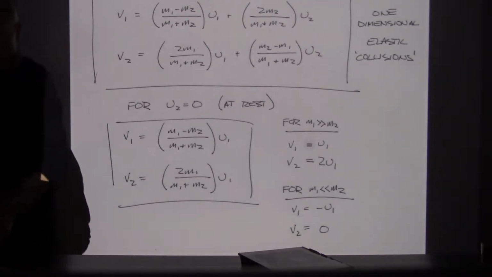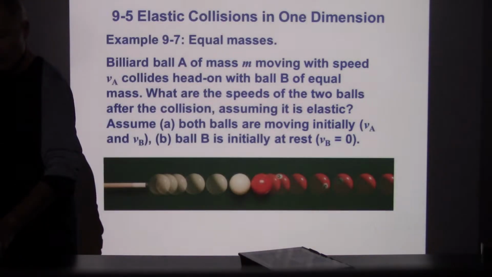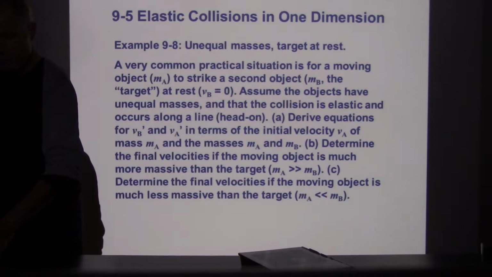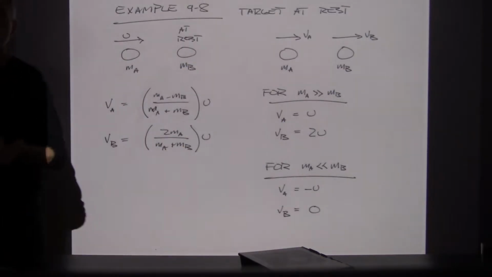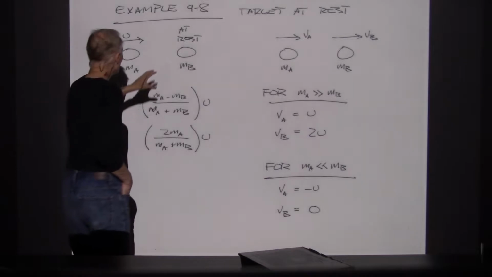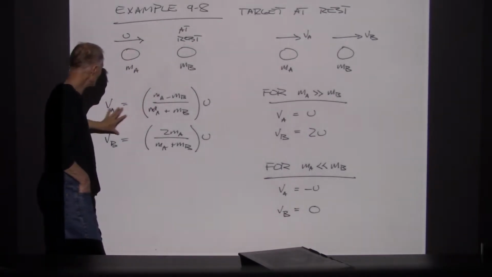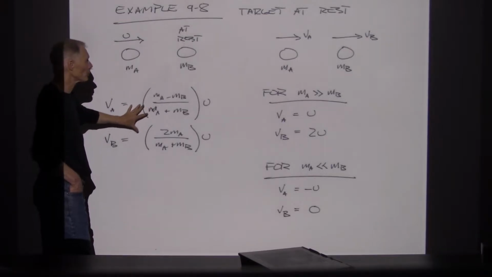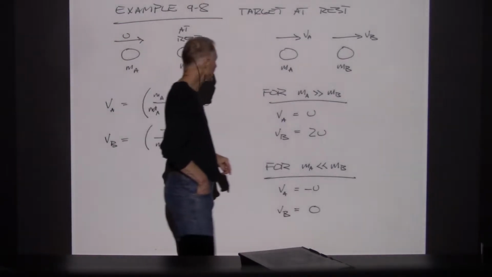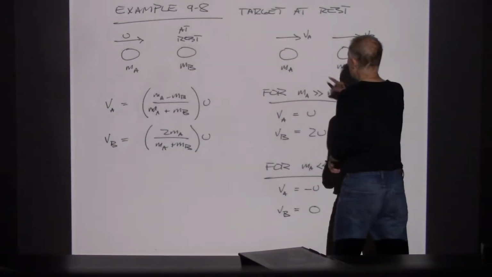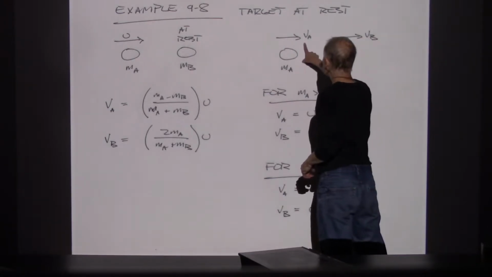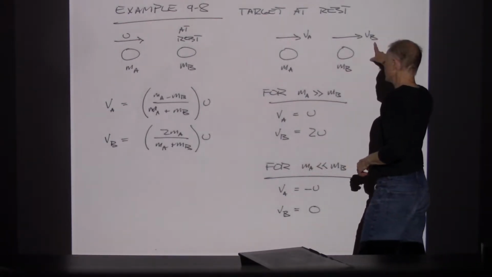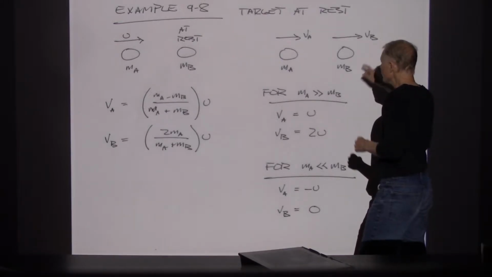But they simplify if, in this case, one of the objects is at rest. So if one of the objects is at rest, then the two formulas simplify to these two formulas here. And when they collide with each other, and object A comes out with velocity A and object B comes out with velocity B, we had solved this before.